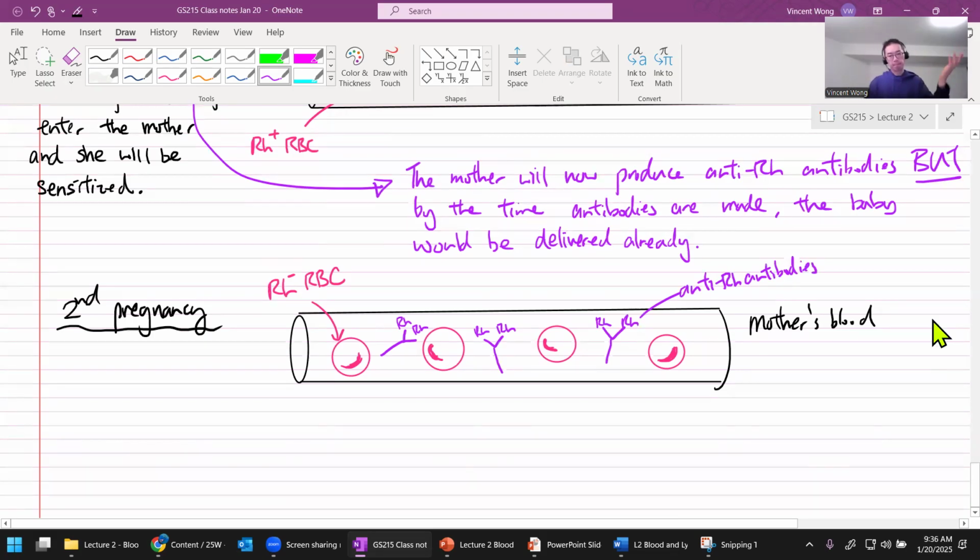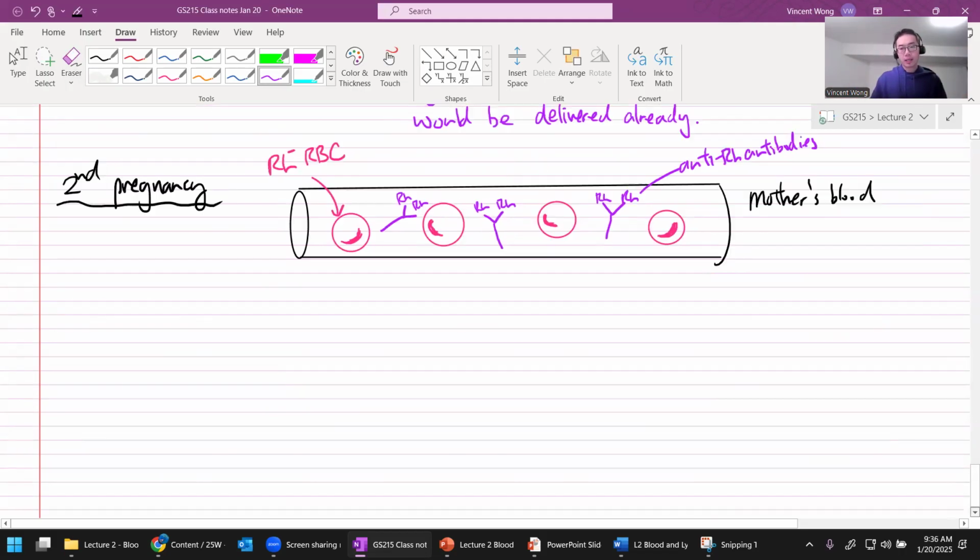She made it because she was exposed to positive blood. And these antibodies stay in your system for quite some time. And so we're going to have the baby's blood now.